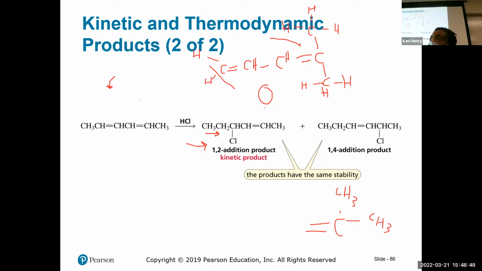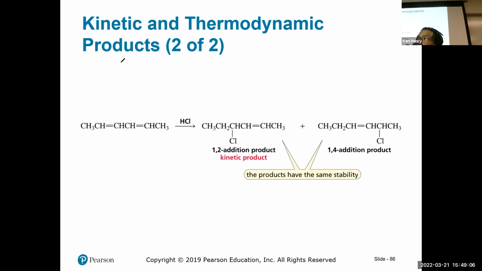So in this case, right, if we do this reaction, well, both of these guys have the same stability.